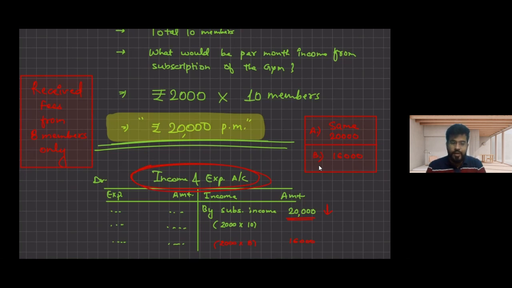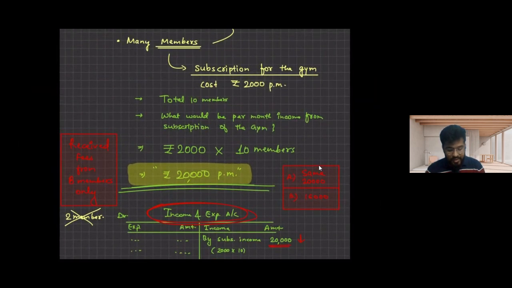Sir, obviously, if 8 members have paid the fees, 2 members have not paid the fees. That means they will pay it later on, because I will not allow those members to use the gym services unless and until they pay me the subscription fees.